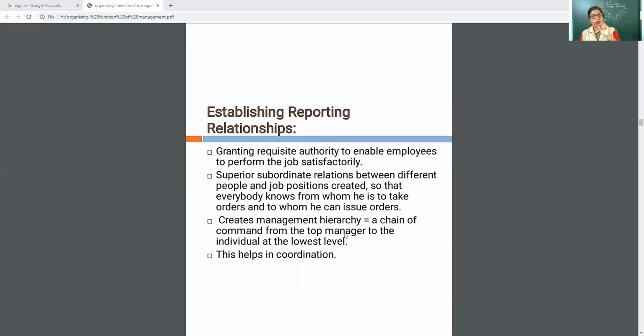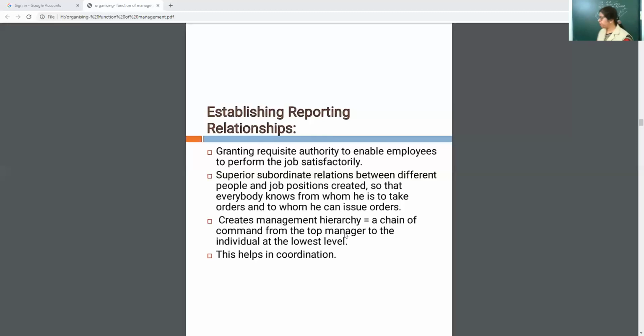See, in Tata, they made the departments according to the product: Tata salt, Tata tea, Tata vehicles, Tata automobiles, Tata finance. In big organizations, they make departments according to products, according to territories, or according to functions. Purchase department, sales department are on the basis of functions. Territories: east, west, north, south. Accordingly, they divide their work.